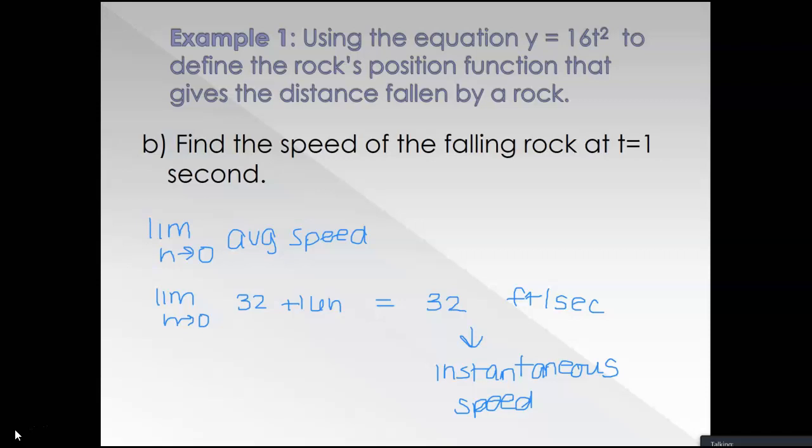16t squared defines the rock's position at time t. So at time t equals 1, if you plug it back in, the height of the rock is 16 feet. The speed of the rock is 32 feet per second.